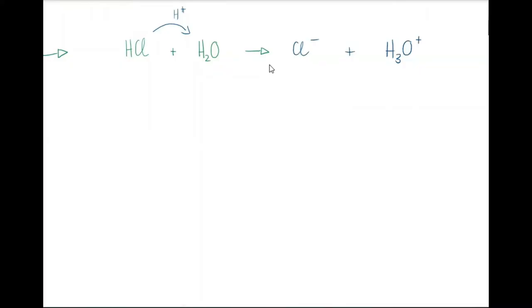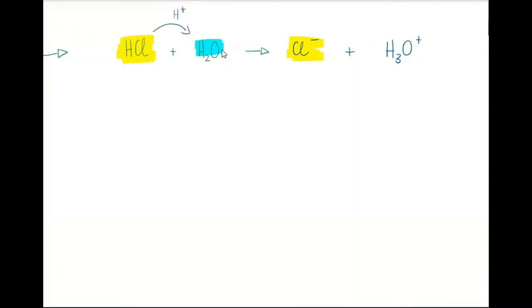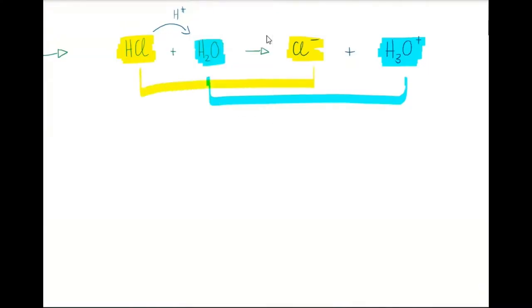Which ones are your acid-base conjugate pairs? HCl and Cl-, acid and conjugate base on the product side, and then our base and our conjugate acid. So those two are paired up and these two are paired up.